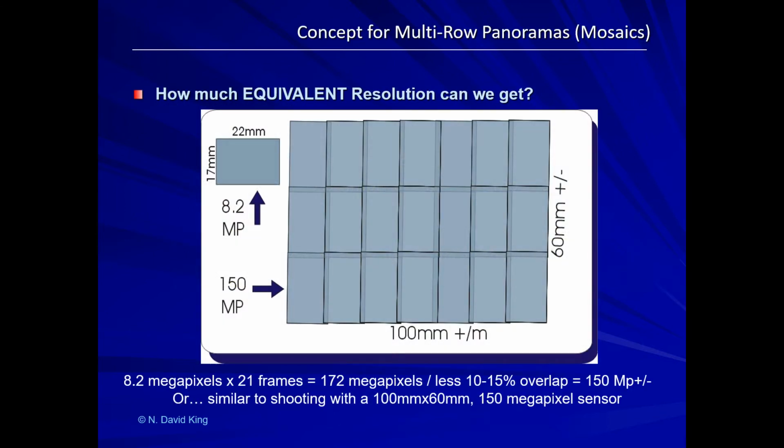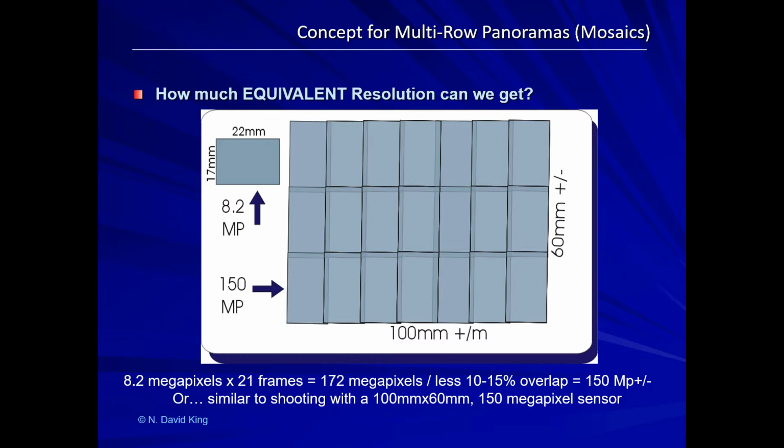So how much equivalent resolution can we get? Let's use an example here from an old camera, a Canon 20D with 8.2 megapixels. And here is a 21 frame mosaic, 7 across, 3 deep. Well, with this, you can get the equivalent of a roughly 150 megapixel shot.